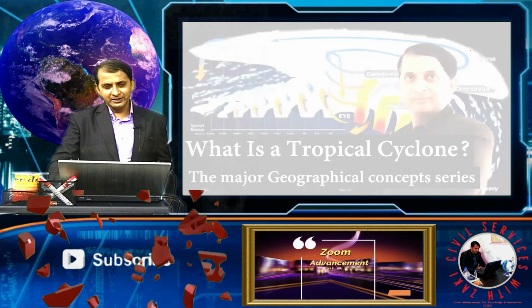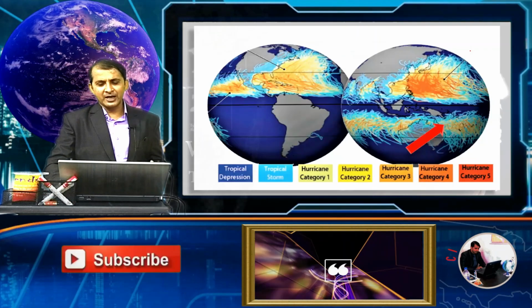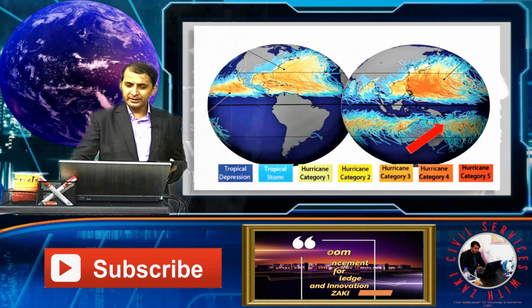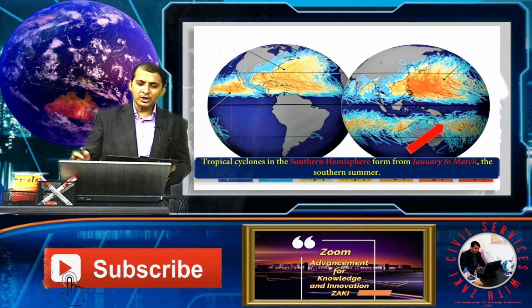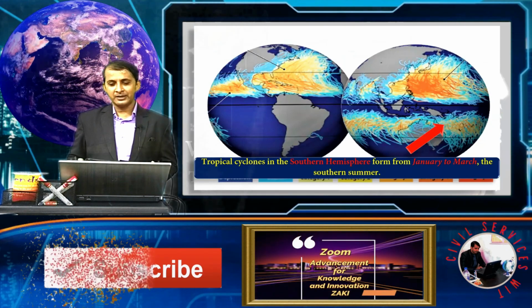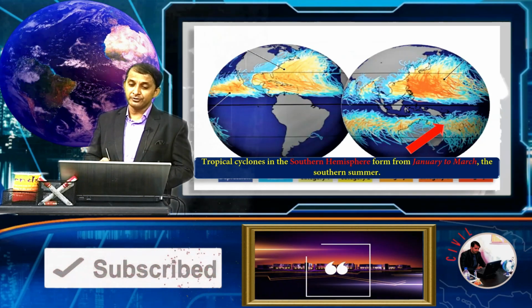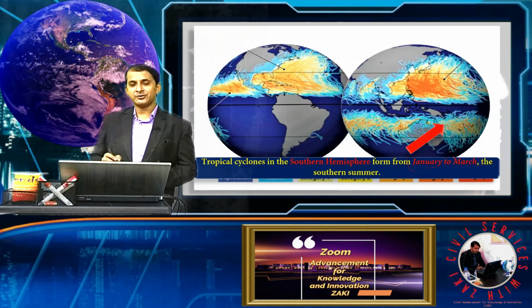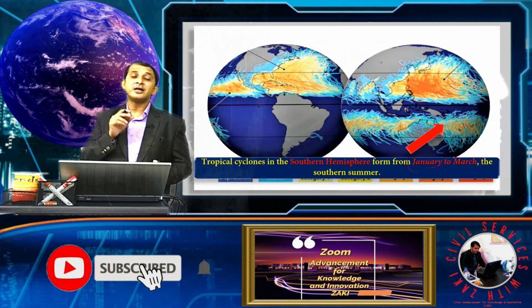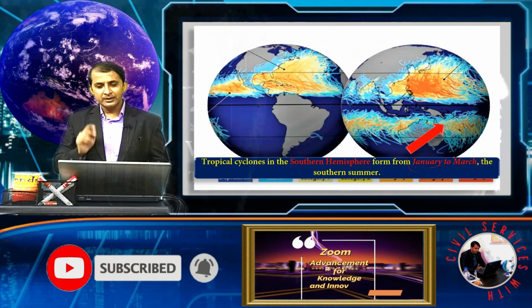Now we move forward and see that this type of cyclone is also found in the southern hemisphere, but the season in the southern hemisphere is from January to March. As you know, January to March is the summer season in the southern hemisphere.